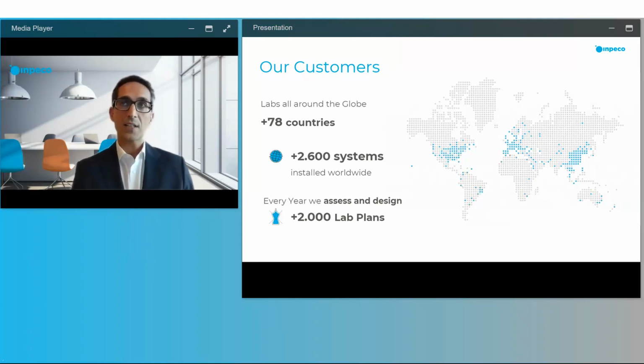This obviously brings us a lot of experience and expertise, but more importantly than this installed base is the fact that we assess on a yearly basis and design more than 2,000 lab plans from laboratories all over the world. As you can imagine, this provides us with a very unique and broad knowledge of market trends and market dynamics that allows Inpeco really to be ahead of any market needs today and in the future.